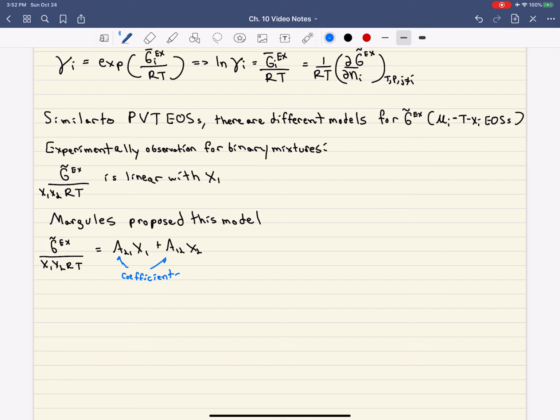I'm not using the word constants, but I'm using the word coefficients. Okay, so in any case, the right-hand side would have that form, or if you take advantage of the fact that x2 is just 1 minus x1, you could rearrange the equation like this.